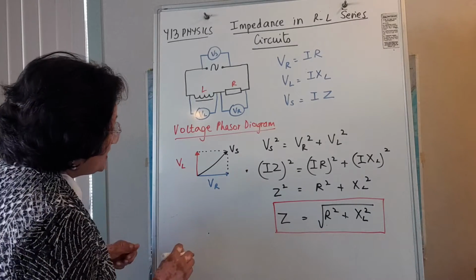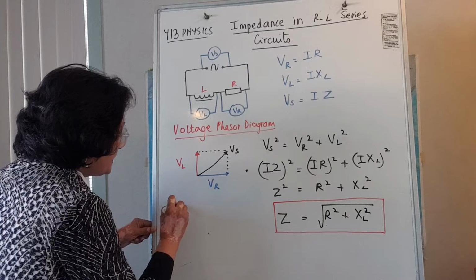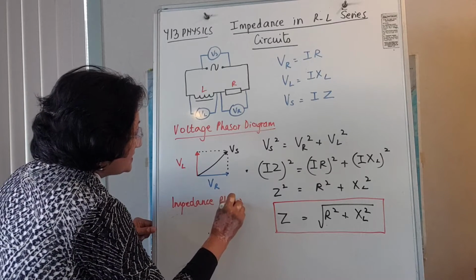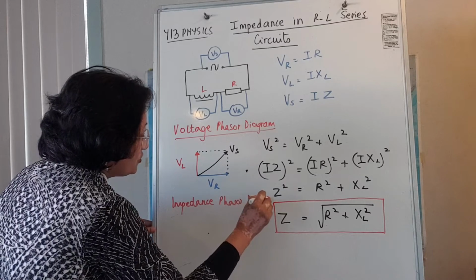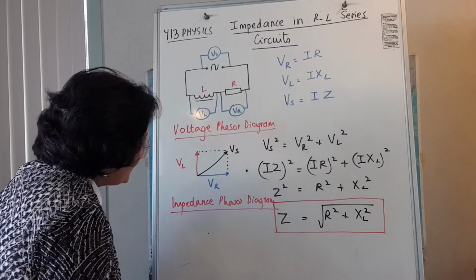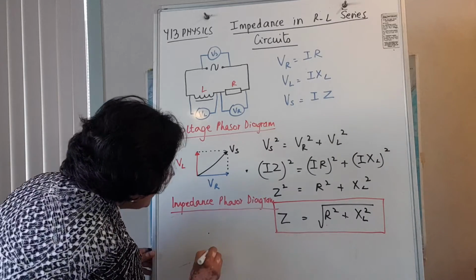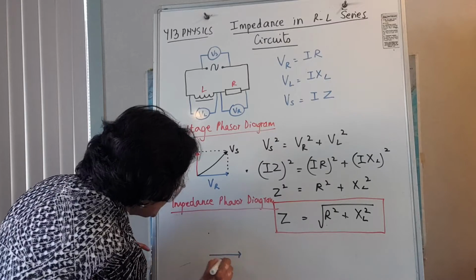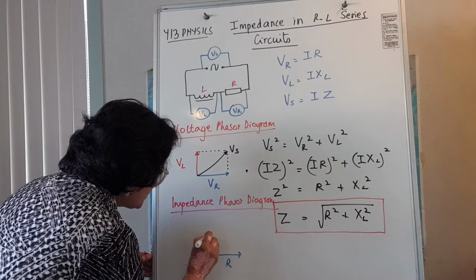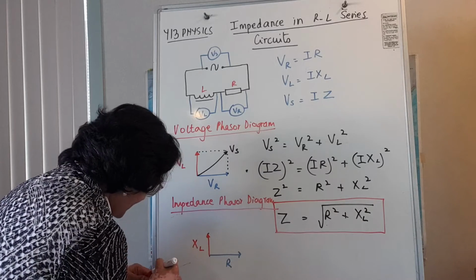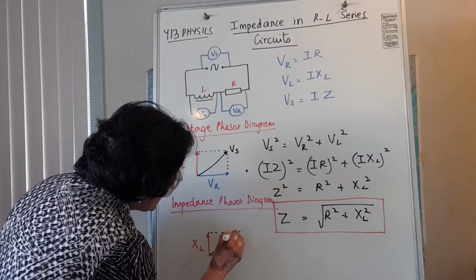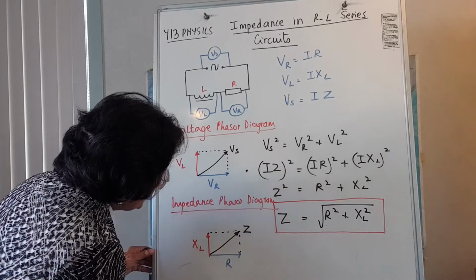Now, knowing this, we can draw what's called an impedance phasor diagram. We never mix up vectors while drawing these, so we keep them all the same quantity, but it's very similar to the voltage phasor diagram. Instead of VR, we're just going to put R, which is resistance, and instead of VL, we put XL, which is reactance, and instead of VS, which we get by completing this parallelogram, we get Z, which is impedance.